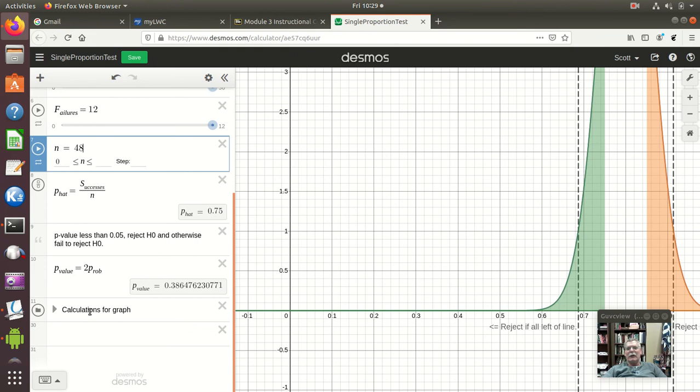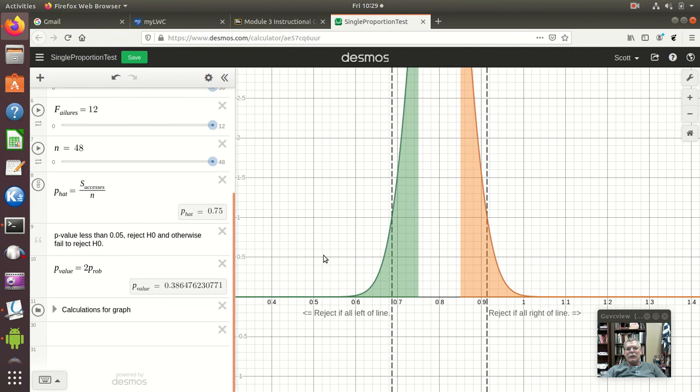Here are all the calculations for the graph, and I can look here and see what's going on. The dotted line is the 95% line, with 0.025 out here to the right and 0.025 to the left. This picture shows how the p-value is way bigger than 0.05, so we're way inside with our areas.